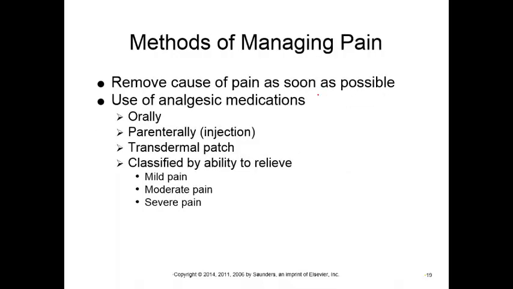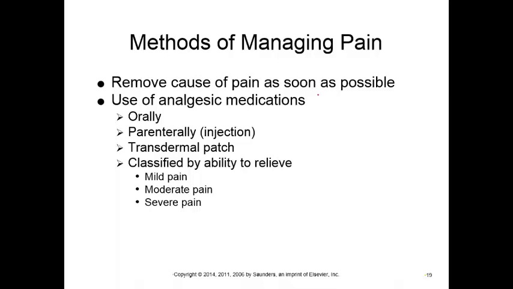Some of the ways that we manage pain medically is through analgesics. These are medicines that work on reducing pain, and we can take them orally, parenterally, which is just by injection, or by transdermal patches.